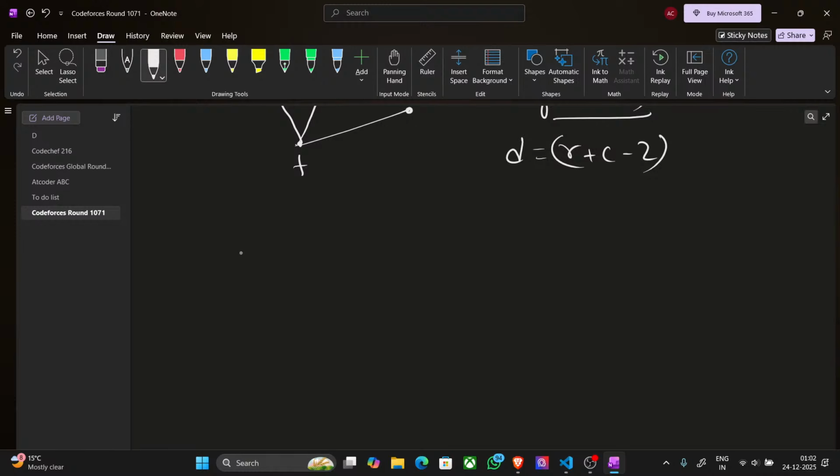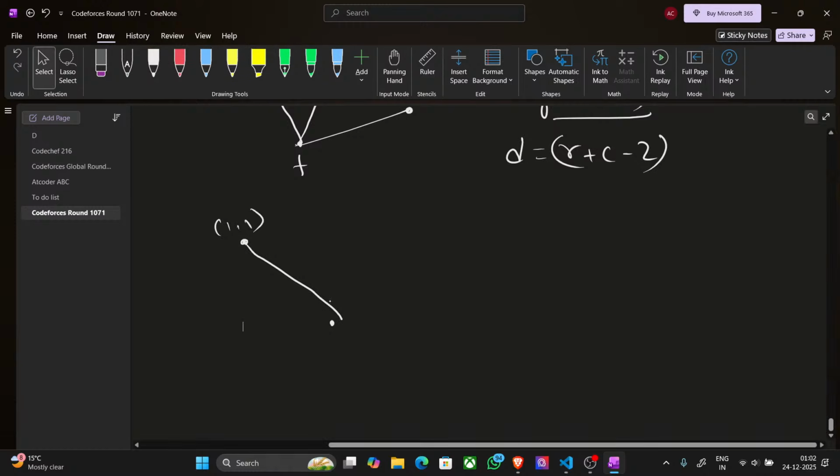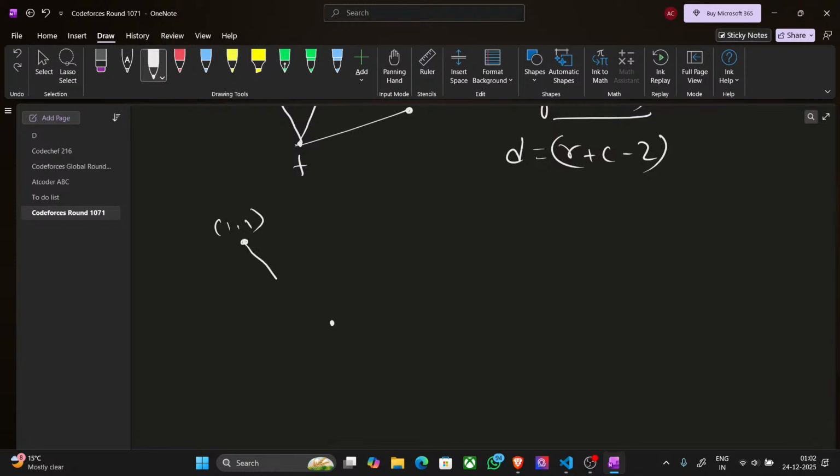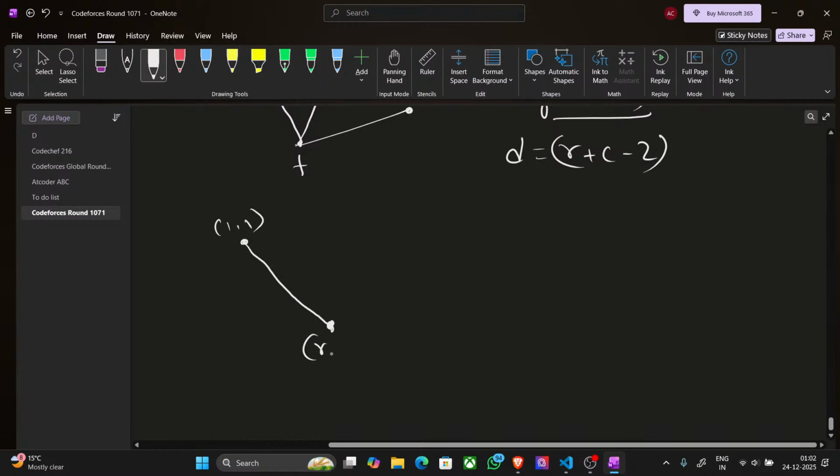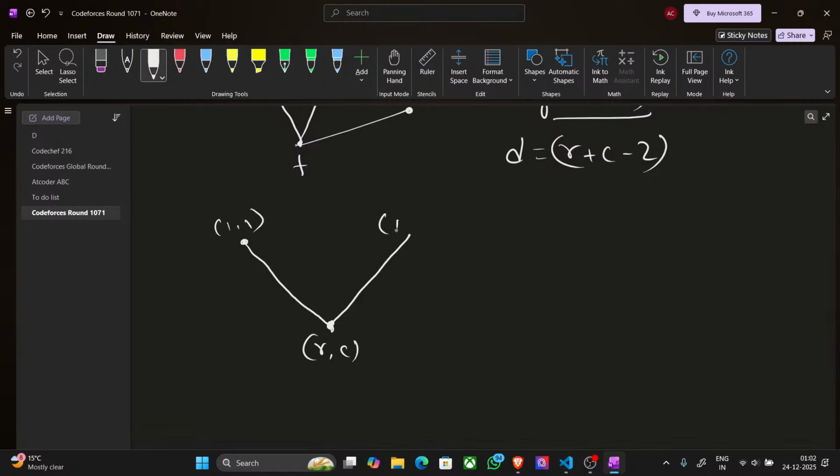If I am starting from 1,1 and I'm at any point R, C, I need a perpendicular from here. So it will be 1, n, because the box will be like this.